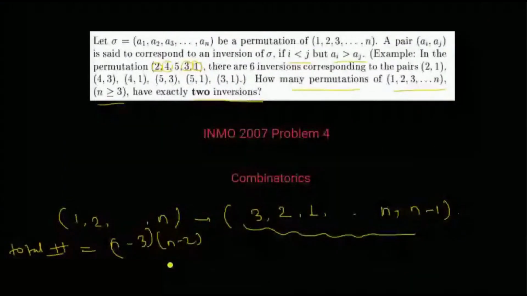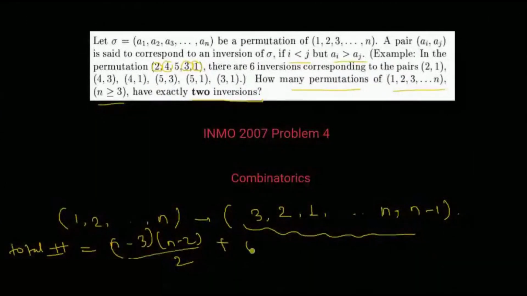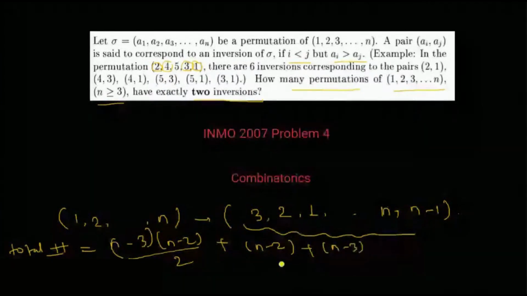That was the first case. And case B can happen in n minus 2 ways. And similarly, case 3 can happen in n minus 2 ways, right?